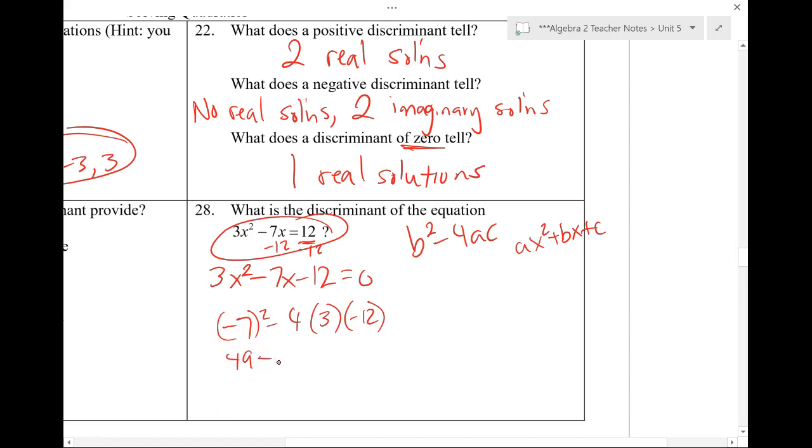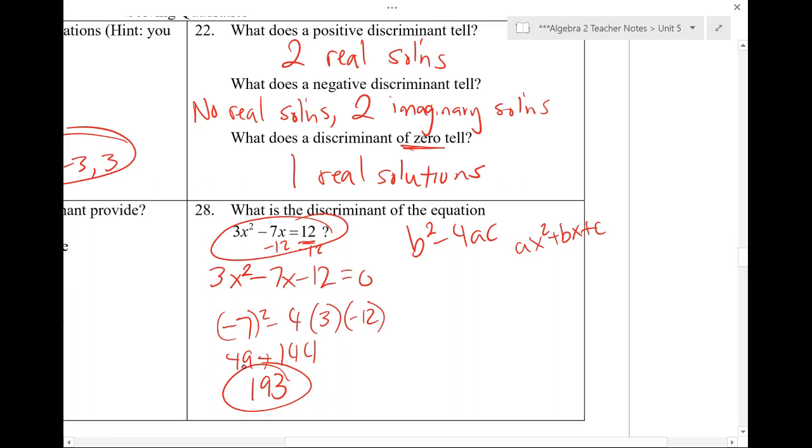And then I have two negatives over here, so that means I'm going to end up with a positive number. Then I multiply 4 times 3, then times 12, which is going to be 144. And then I'm going to add those two together. So 144 plus 49 is 193. And so our discriminant is 193.